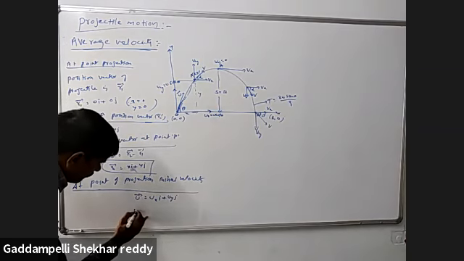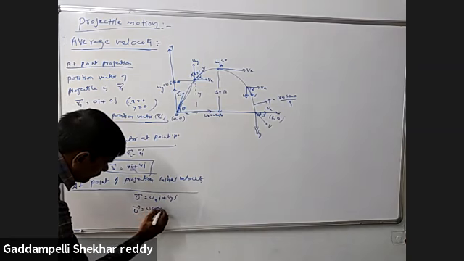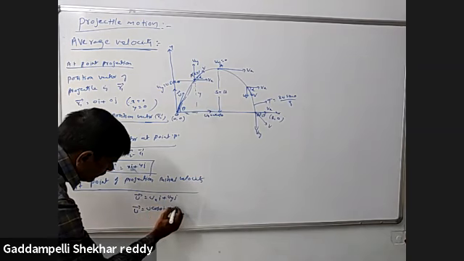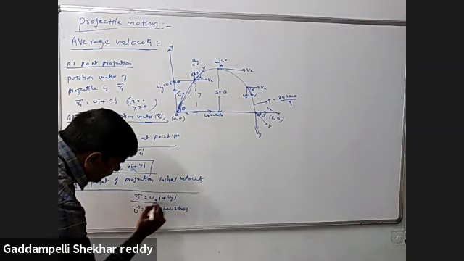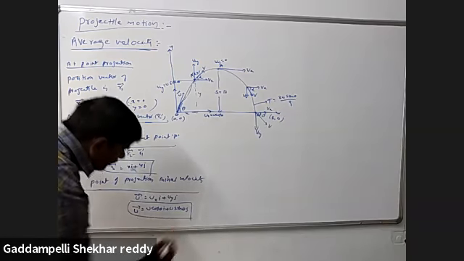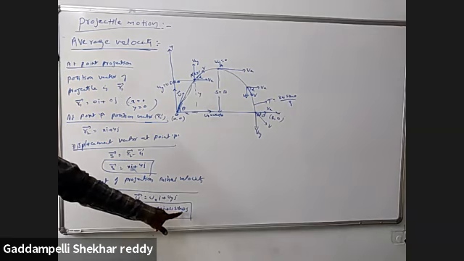That means u bar is equal to u cos theta i plus u sin theta j. This is the velocity in vector form at the point of projection.